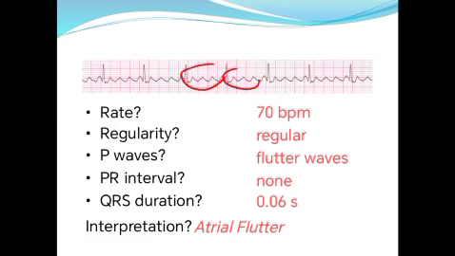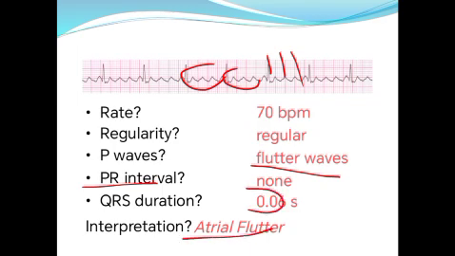We have a lot of P waves. These are all P waves, and it's usually regular. This is called flutter wave. You cannot measure the PR interval here. The PR duration is normal, so this is atrial flutter with its characteristic sawtooth shape.